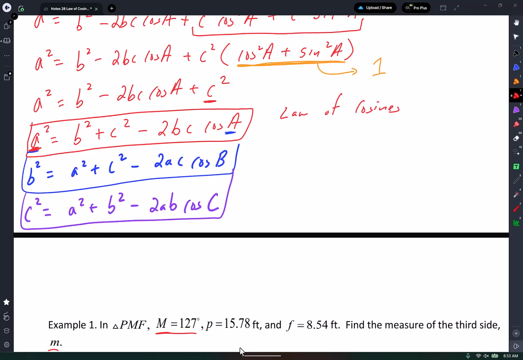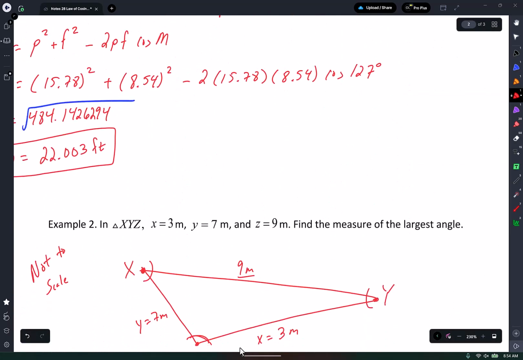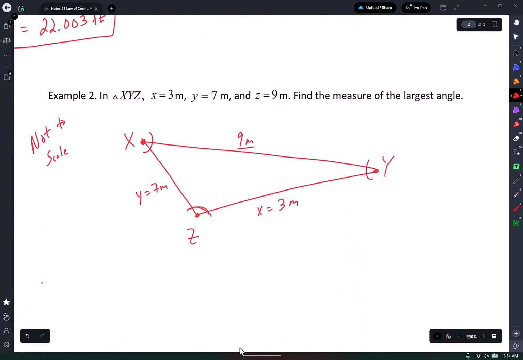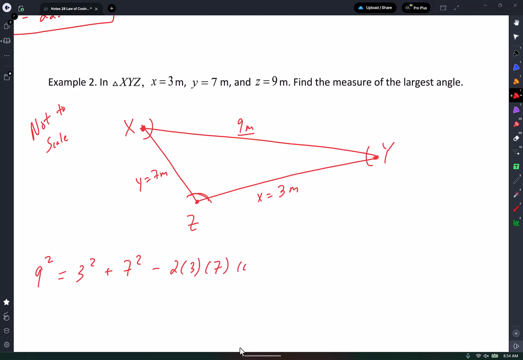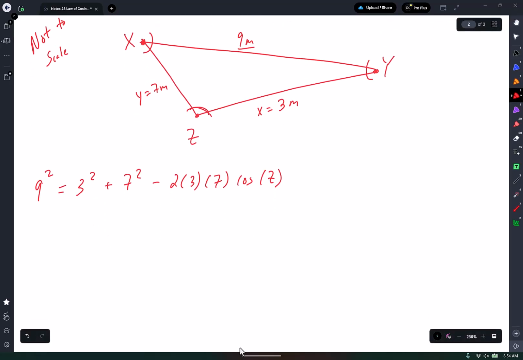Because this is little a, this is angle A. I'm looking for angle Z, so I need to make sure that it says cosine of Z. So I'm going to write 9 squared equals 3 squared plus 7 squared minus 2 times 3 times 7 cosine of angle Z. Because it says I want to find the measure of the largest angle. The largest angle is Z. Does that make sense to everyone?